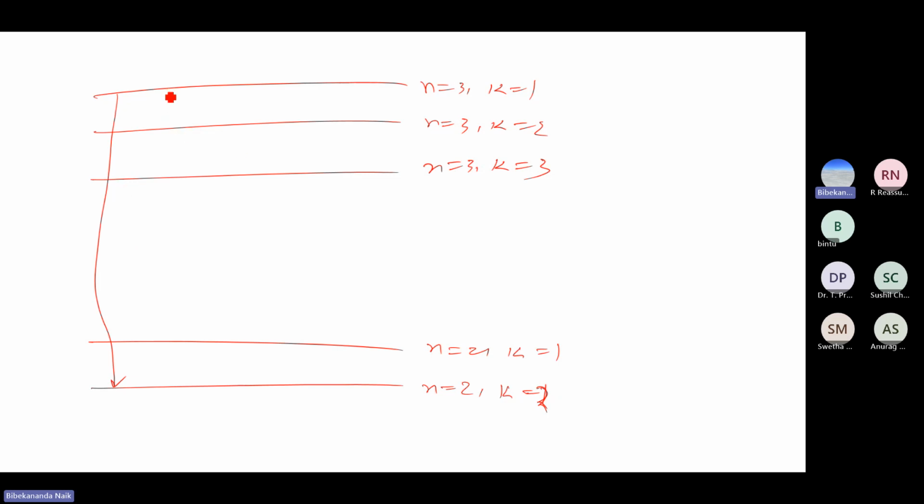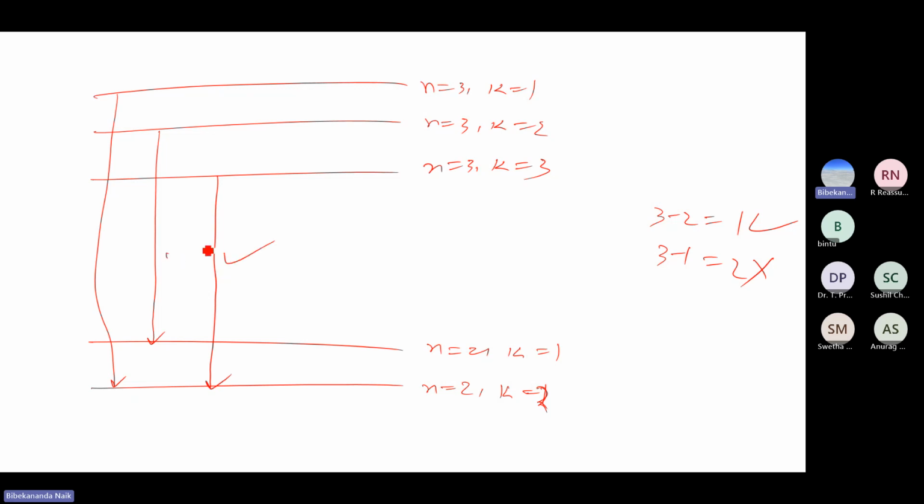Then k equal to 2 to k equal to 1 will be allowed. Similarly from n equal to 3, k equal to 3 to k equal to 1 is not allowed, because 3 minus 2 is 1, it is allowed, but 3 minus 1 is 2, it is not allowed. So from this 3, it will only transit to k equal to 2.